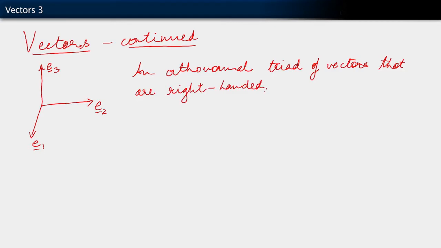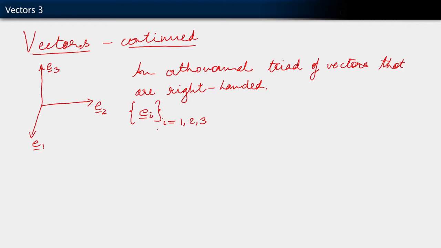The way we express this in our shorthand notation is the following. We describe these vectors as E sub I, okay? And there is a set of them which we denote by I running over 1, 2, and 3. The letter I is what we will refer to as an index.